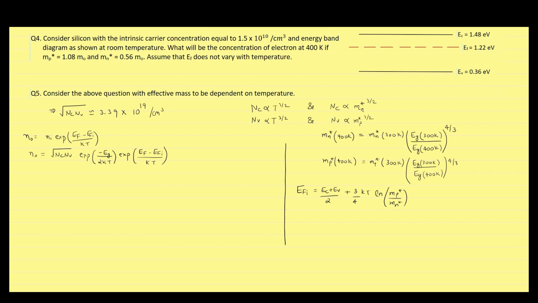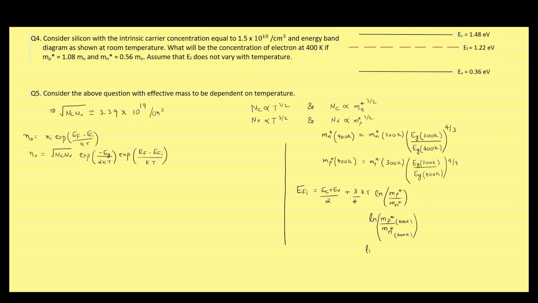In the last question, we assumed that effective mass is independent of temperature, but here we have to consider effective mass to be dependent upon temperature. Now look carefully. We have to find the value of effective mass of hole divided by effective mass of electron, both at 400 Kelvin.